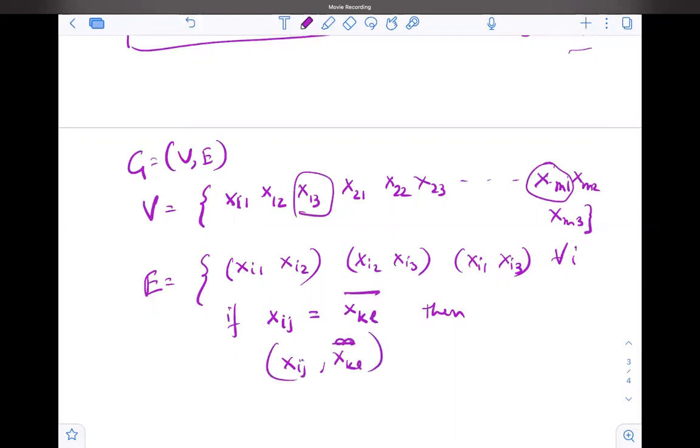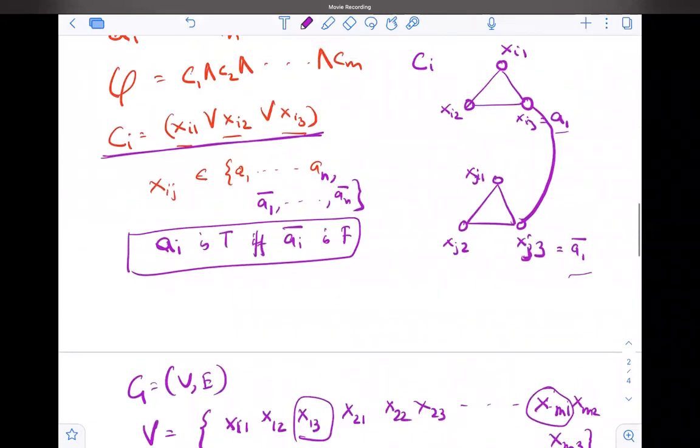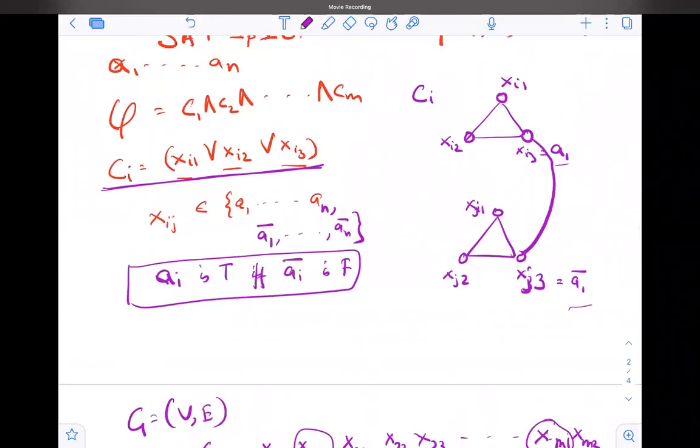That's how I define the graph. Now let's see what happens here. What is the independent set in this graph? How big is the independent set?